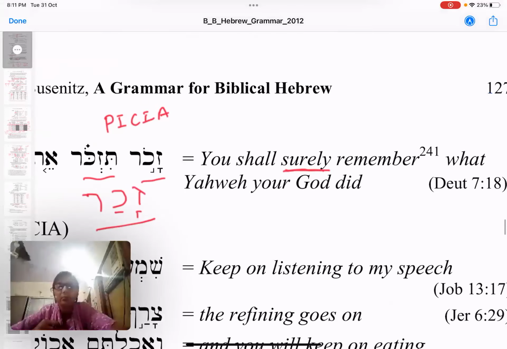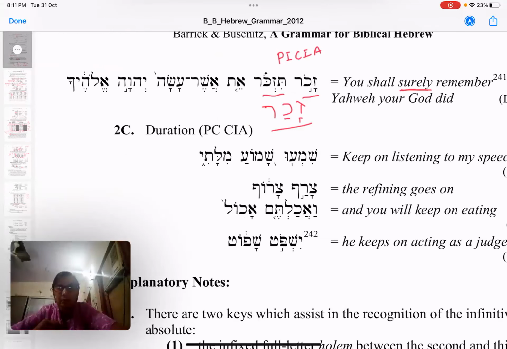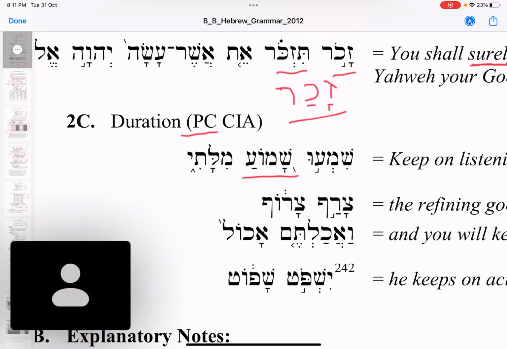So second is post-positive continuative. Now here the action denotes a duration, a time frame. Second example, but it is also infinitive absolute. But this infinitive absolute occurs after the verb.